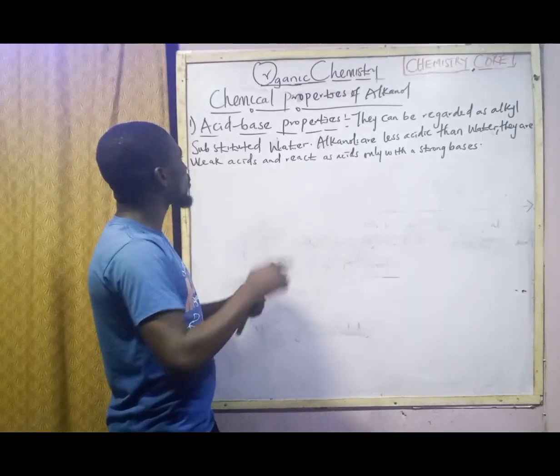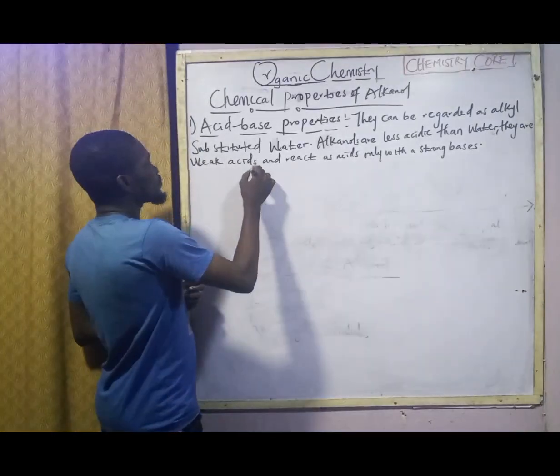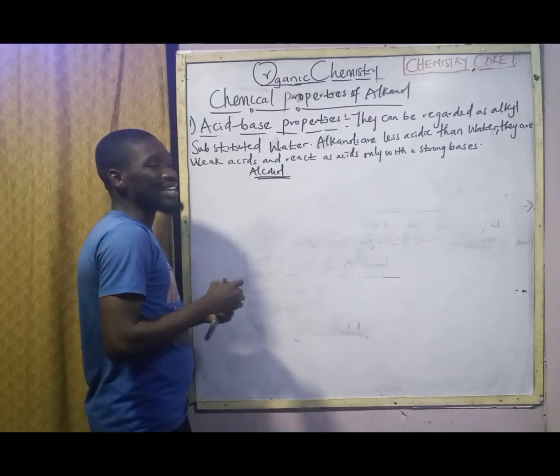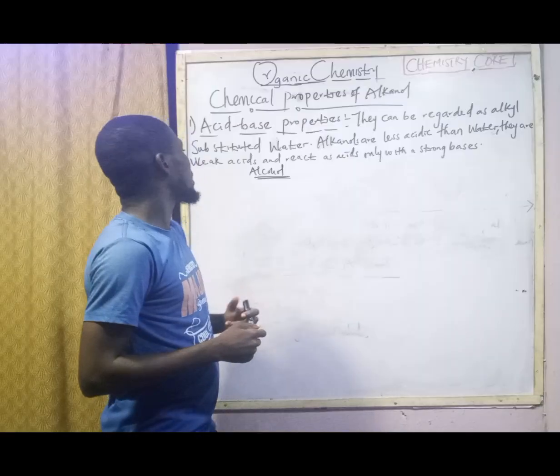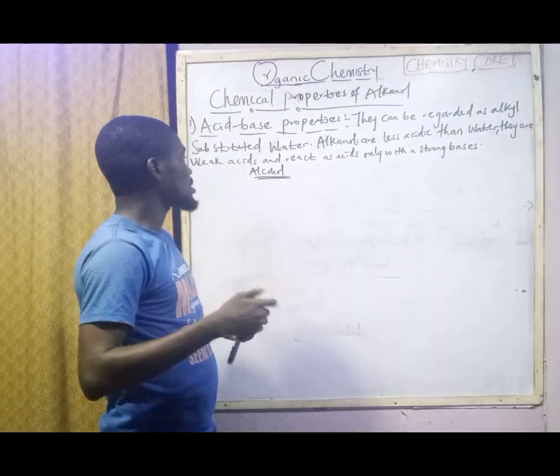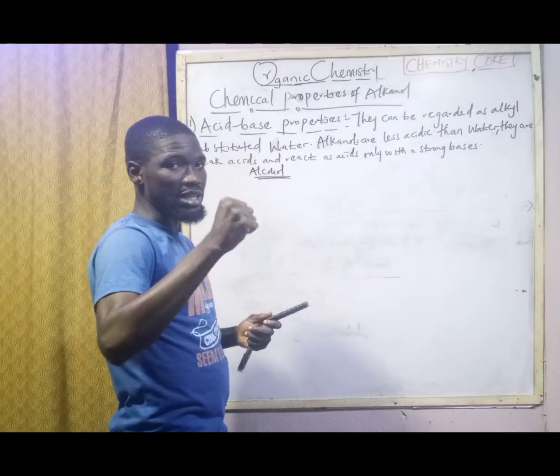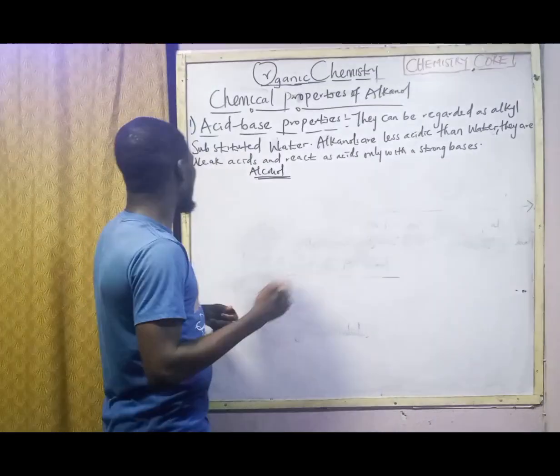When alcohols are less acidic than water, they are weak acids. But if they react as acid using a strong base, what are we going to have? Come closer, let's take a look at that.